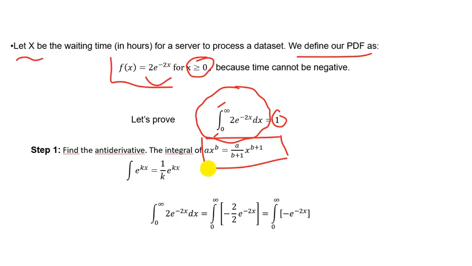But when we have exponential, it's a bit different. So we know that the integral of the function exponential of k times x is 1 over k exponential kx.